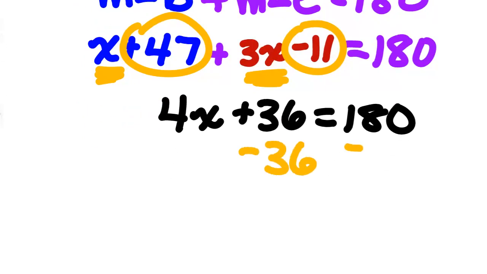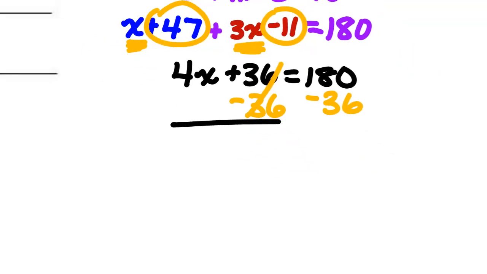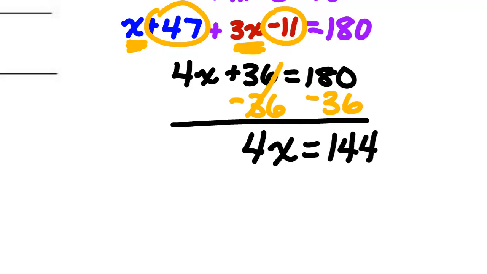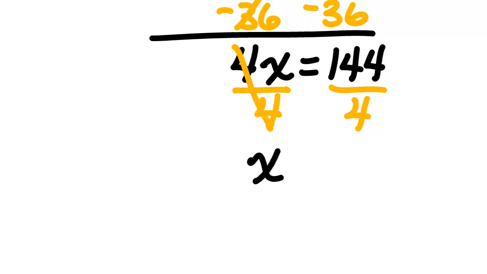equals 180. I subtract 36 from both sides. So 4x equals 144. I divide both sides by 4. And I get x is 36.